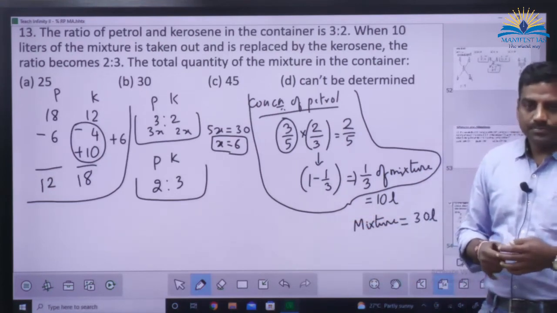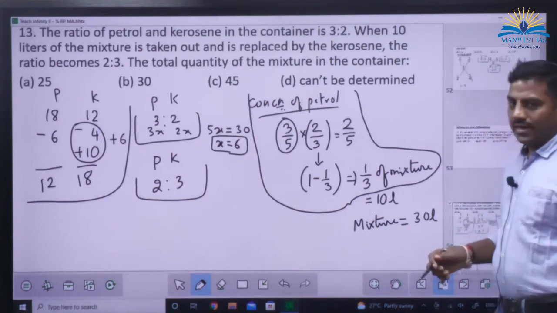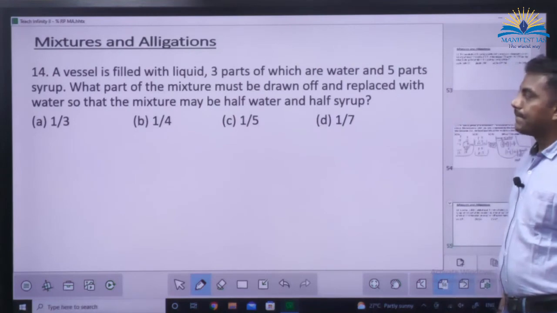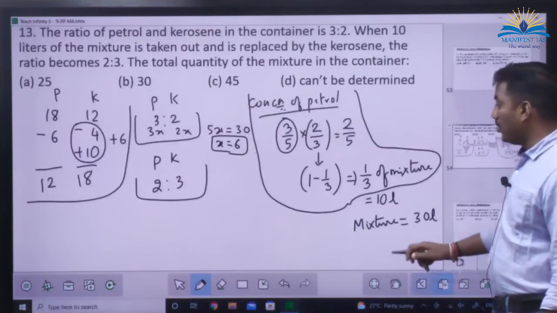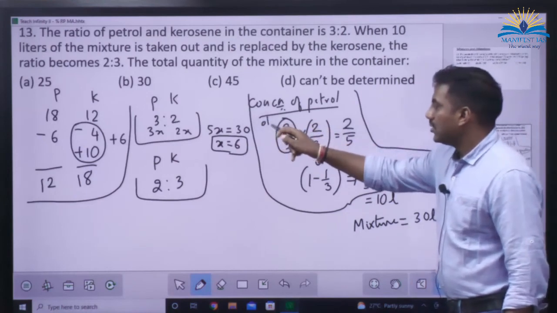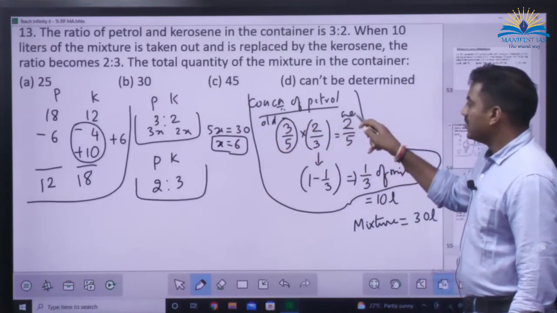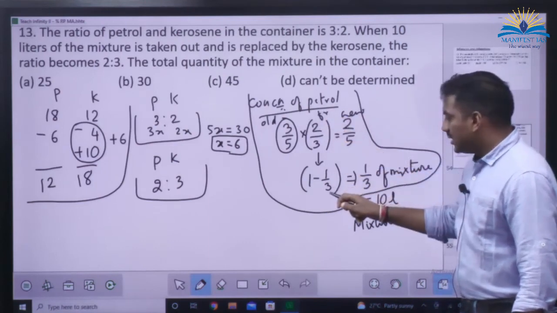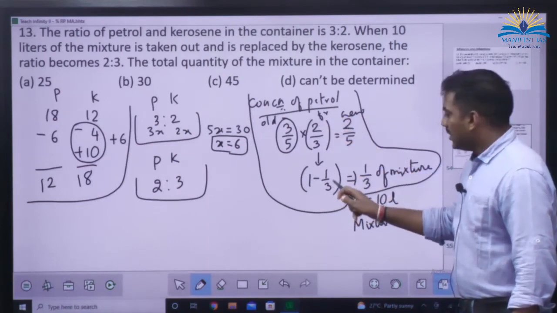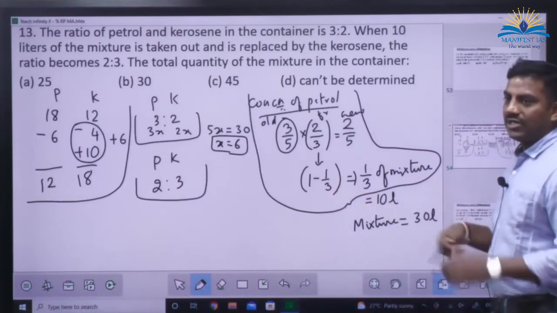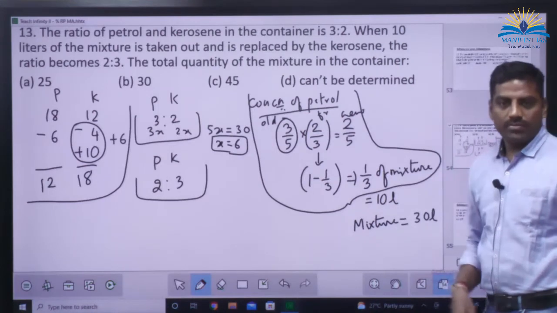Getting my point? It will be clearer in one more problem. You can write this, no problem. You just have to take the older concentration and the new concentration. With this, you will get one fraction. With this fraction, you will get one subtraction. Whatever you are subtracting, that itself is the amount which is going out.